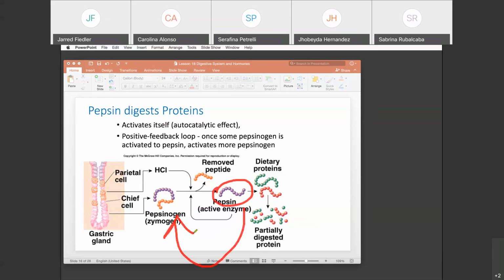So it works both ways. You're going to have the hydrochloric acid converting pepsinogen to pepsin, and then pepsin itself will also convert pepsinogen into more pepsin. And of course, it's going to break proteins down into smaller pieces. Okay, is it clear so far?